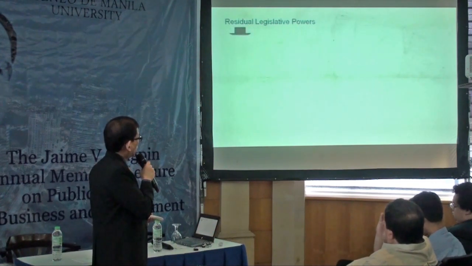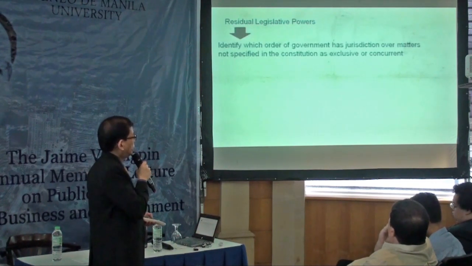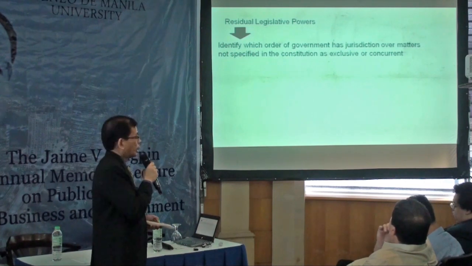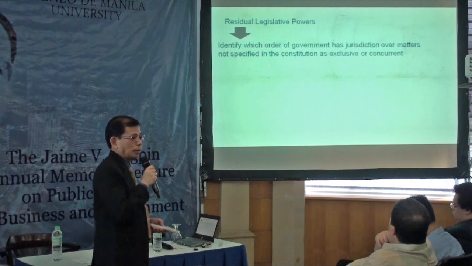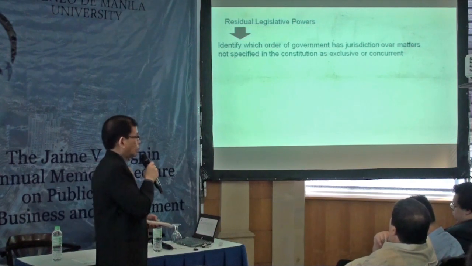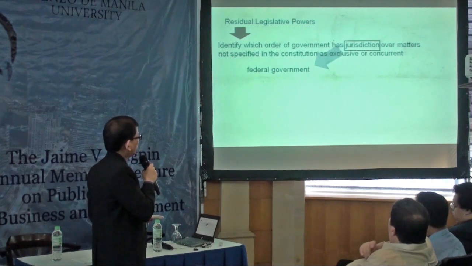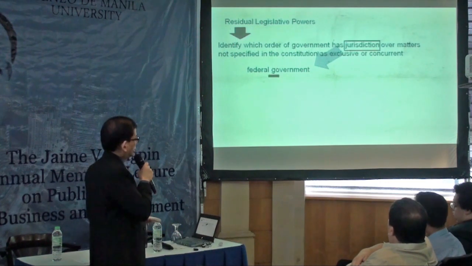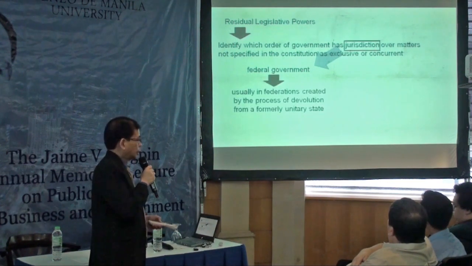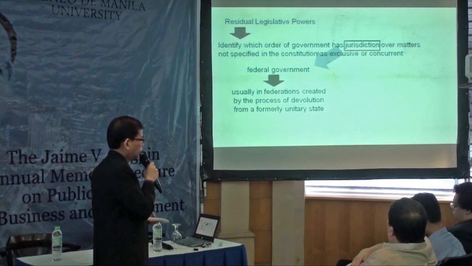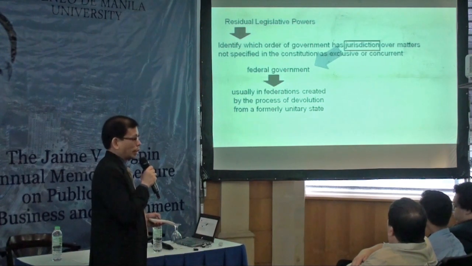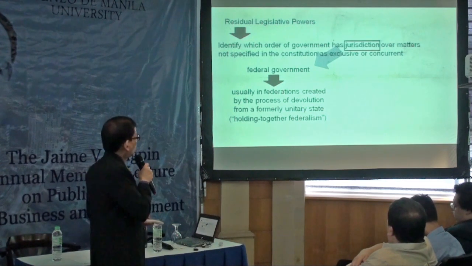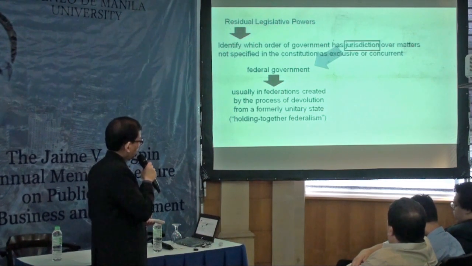Residual legislative powers identify which order of government has jurisdiction over matters not specified in the Constitution as exclusive or concurrent. This jurisdiction could be given to the federal government, usually in federations created by the process of devolution from a formerly unitary state. This is called in the literature holding together federalism.